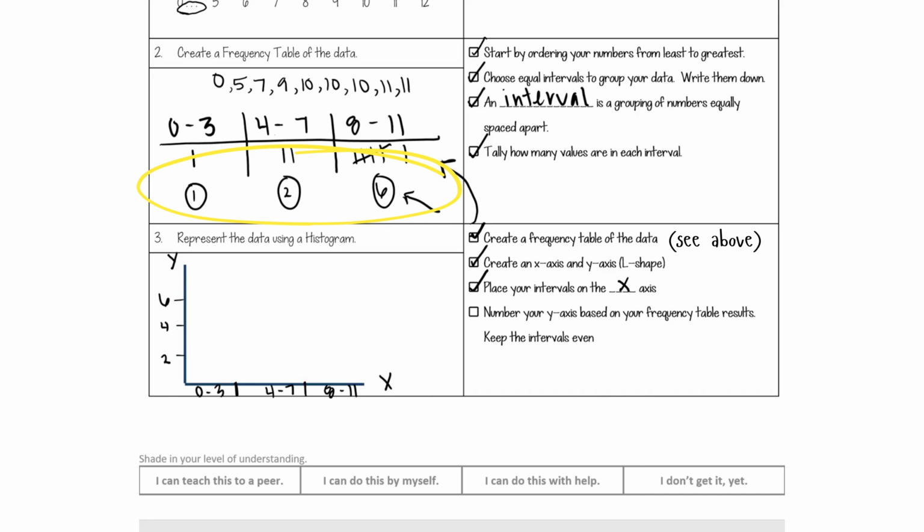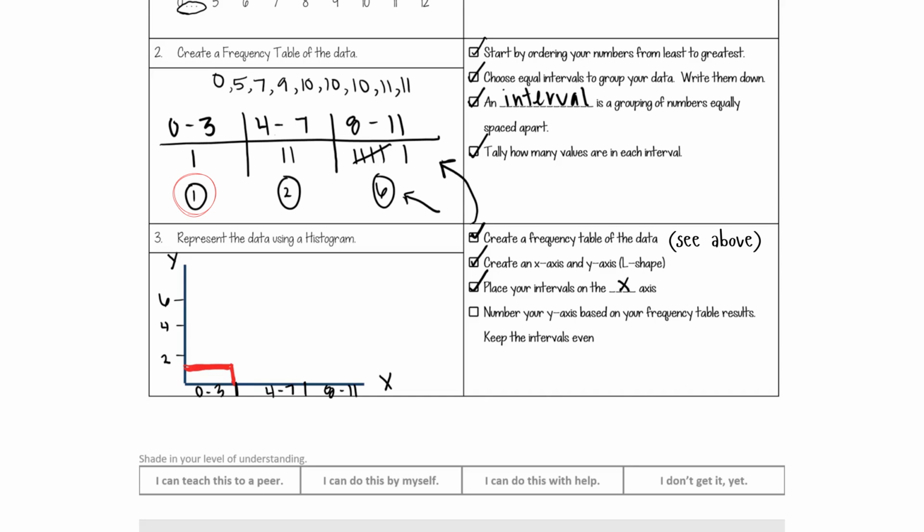And a histogram looks a lot like a bar graph. The difference is a histogram uses what we call, and we've been talking about, these intervals. How many values are from 0 to 3? 1 value. So I'm going to make a bar that goes to 1, which is in between 0 and 2.